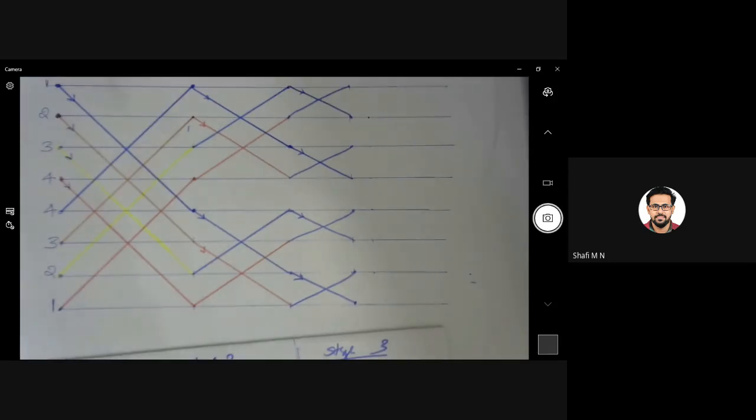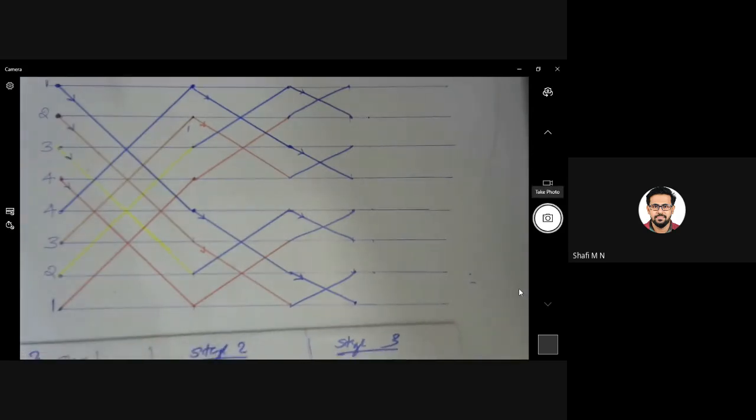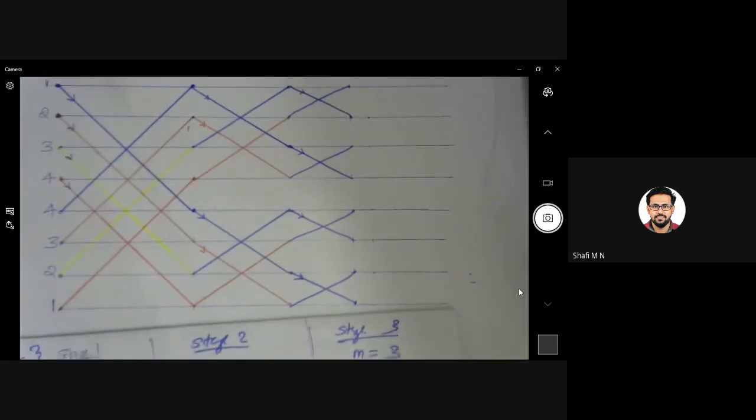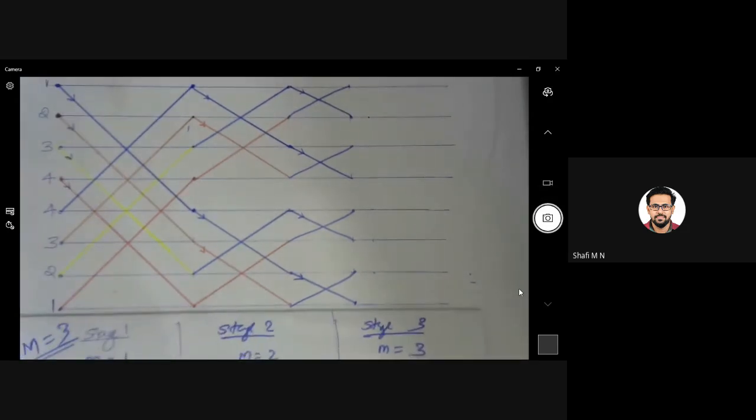Any doubts up to this? If you have completed, please respond. I will move to the calculations. Those who have not completed, stop for now, then just focus on the calculations and continue.